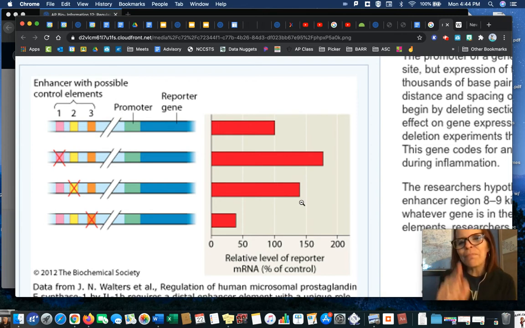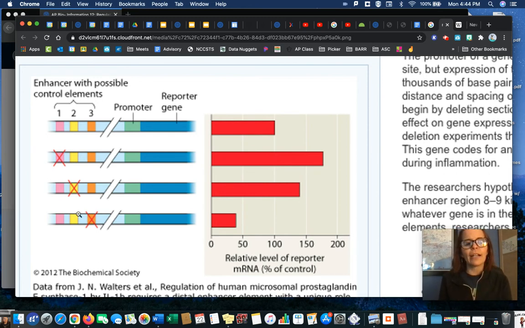So what does that mean 1 and 2 were actually doing when they were functioning if their deletion increases the amount of mRNA? Hopefully you have it in your head. It means that both of them weren't activators, they were repressors. So repressors attached onto them, and it slowed down the amount of transcription that was happening.